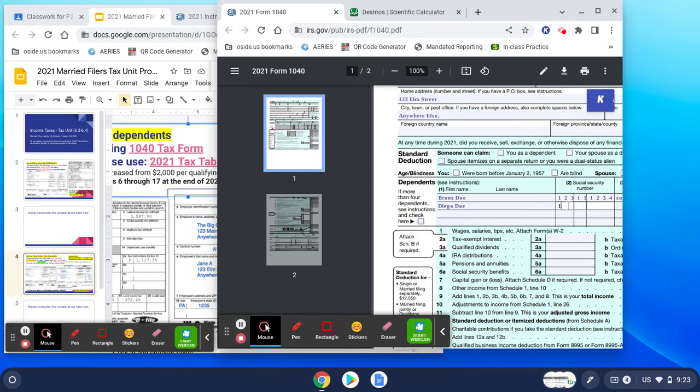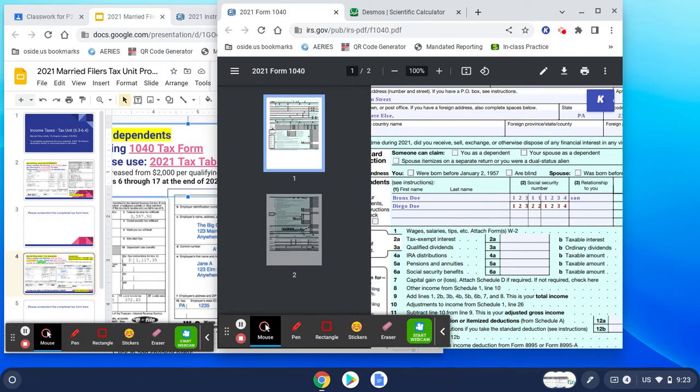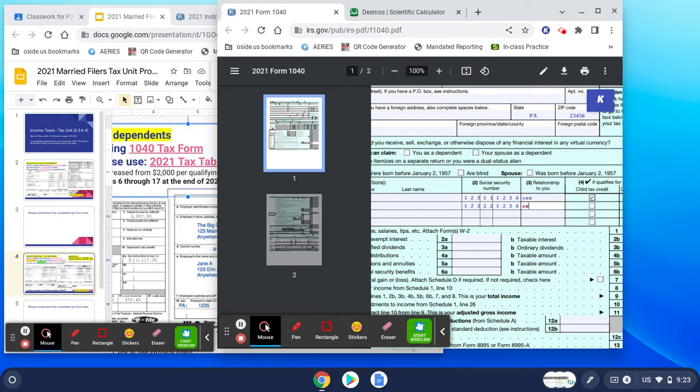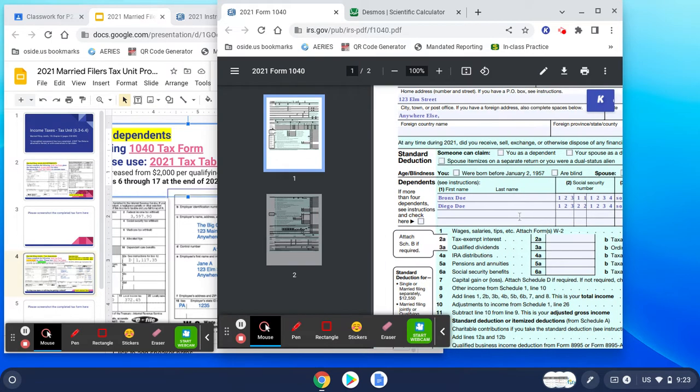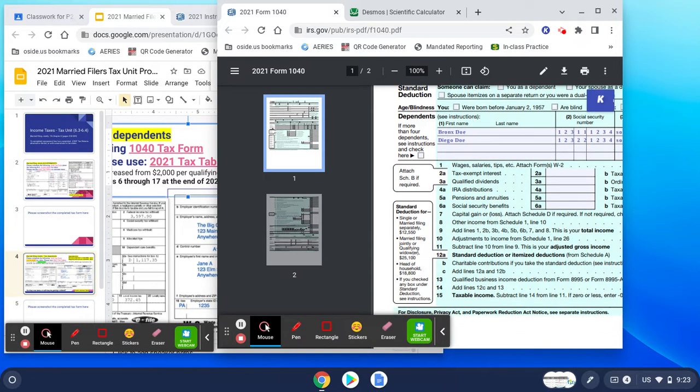And then 1 2 3 2 2. Diego is also the son, and Diego is a child, not an other dependent. So this is a new box compared to the other ones we've done because there are dependents.